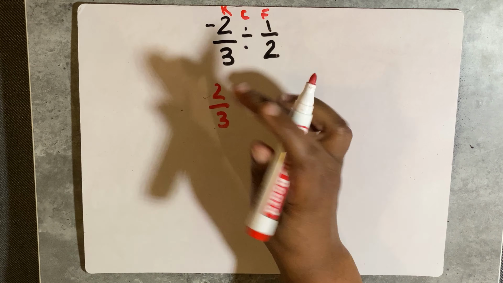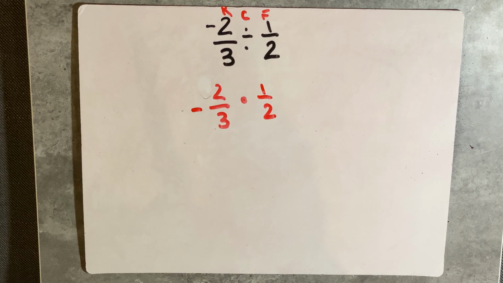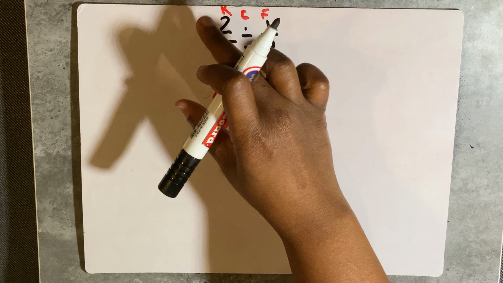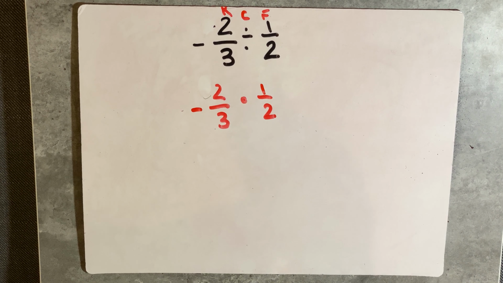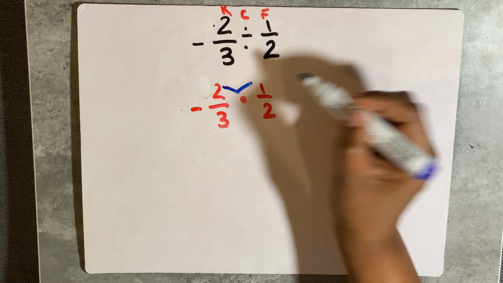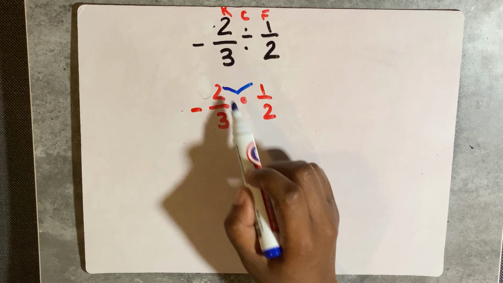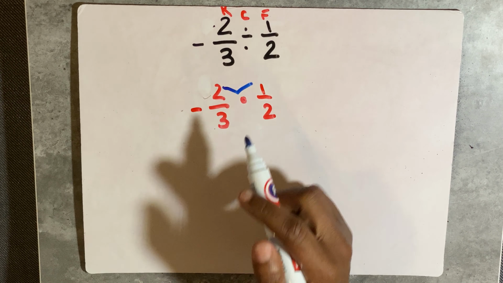This changes. There we go. So now what? This number and this number. So we have a negative number here, right? This whole thing is negative. We're going to deal with that afterwards.